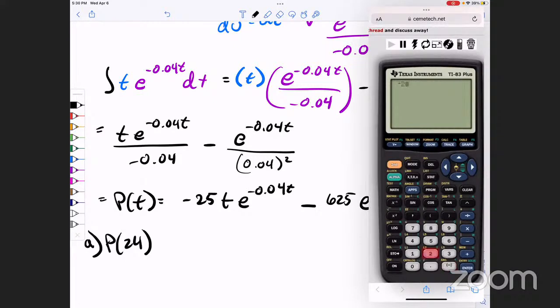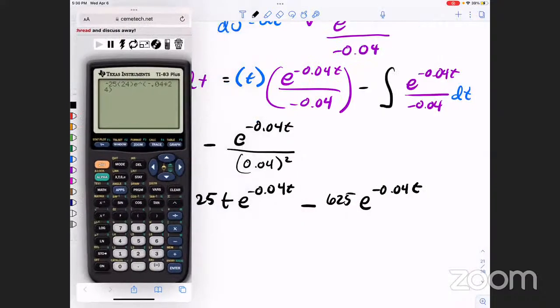So then we get -25 times 24 E to the -0.04 times 24. We're going to say minus 625 times E. Nope, that's not E. Come on. -0.04 times 24.